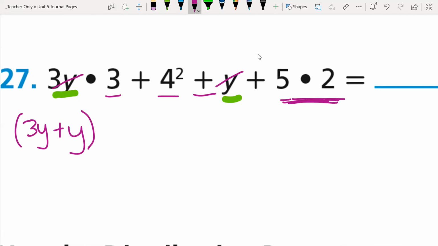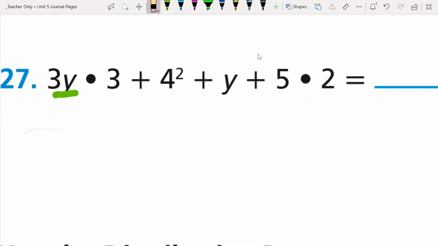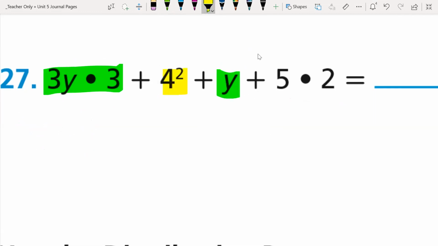Oh, I didn't do this right. My pen won't work. We did not start by defining our terms, and that's a big no-no. So let's try that again. I have my y's, and I have my non-y's. And the reason that I highlighted these the way that I did is because that's how we identify a term.